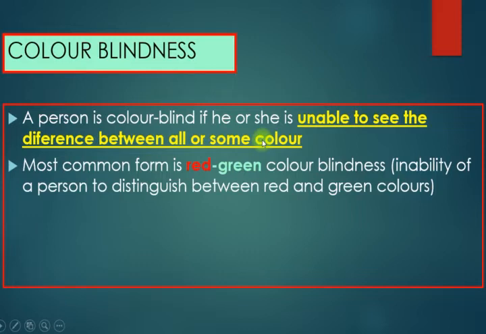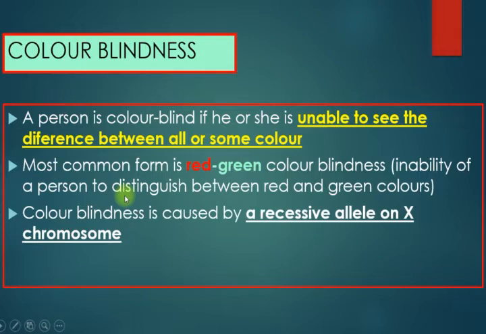The most common form is red-green color blindness, the inability of a person to distinguish between red and green colors. Color blindness is caused by a recessive allele on the X chromosome.